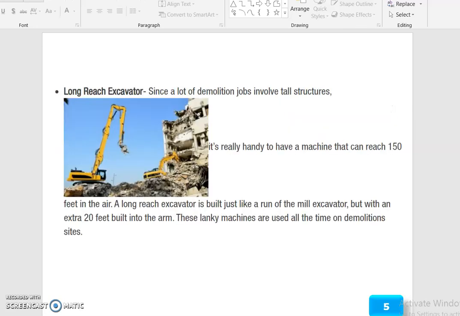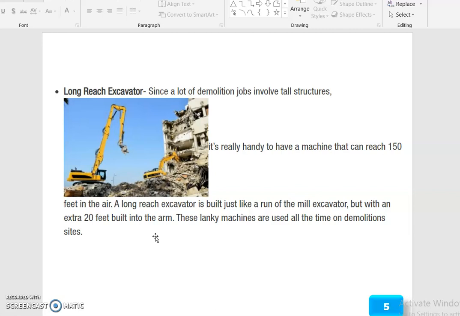The first one is the long reach excavator. Since a lot of demolition jobs involve tall structures, it's really handy to have a machine that can reach up to 150 feet in the air. A long reach excavator is built just like a run-of-the-mill excavator, but with an extra 20 feet built into the arm.